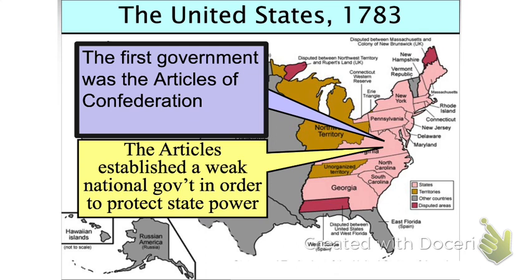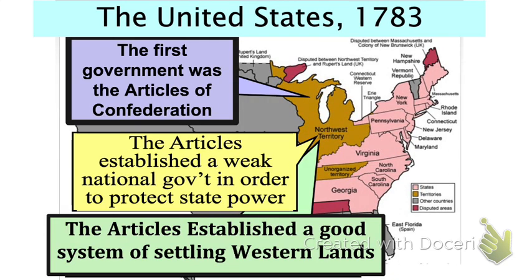All right. The best part about the Articles of Confederation is that it did set up a really great way of establishing and settling Western land. So we live in Ohio, in case you didn't know. So at the time it was unsettled. Who inhabited the Northwest Territory?